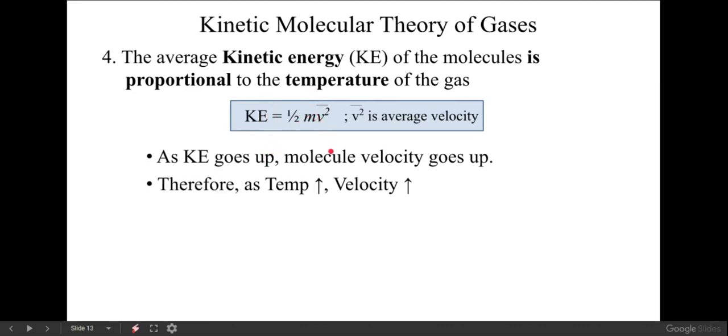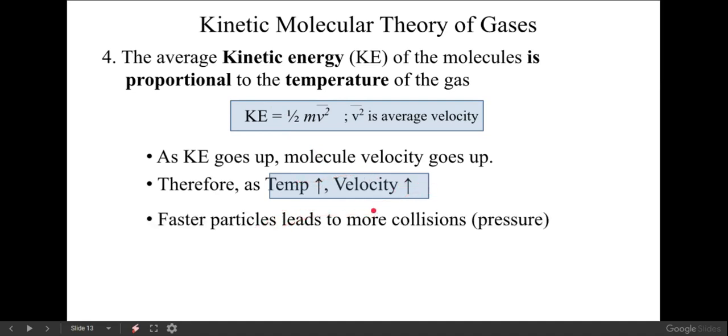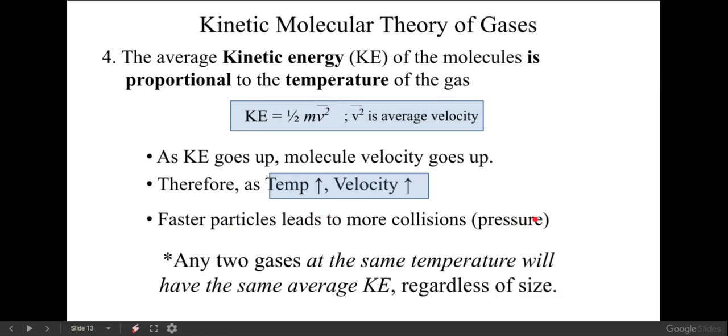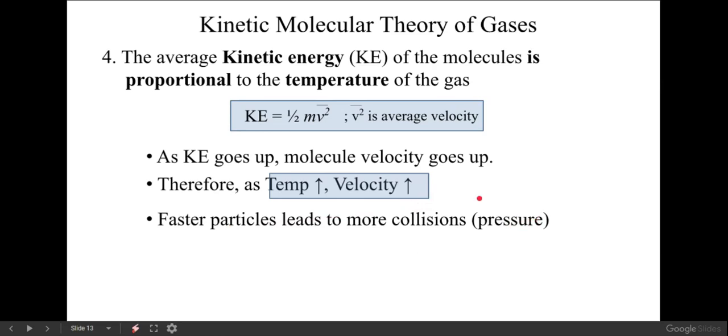It's velocity that's going to change. And so with greater temperature, we get greater velocity. So faster gases have particles that move faster. So this part helps indicate why as temperature goes up, it's going to affect things like pressure and volume, because as they move faster, that's going to lead to more collisions.